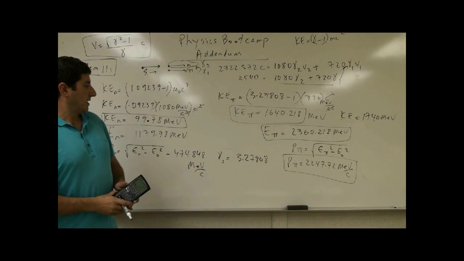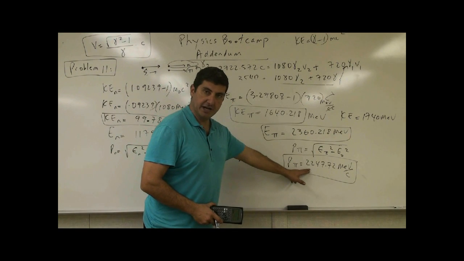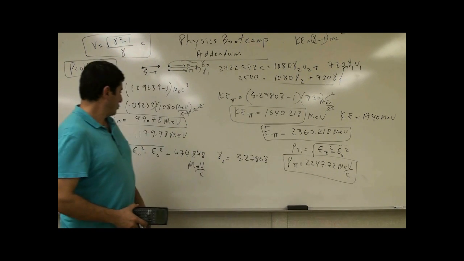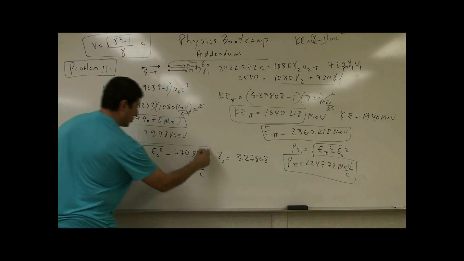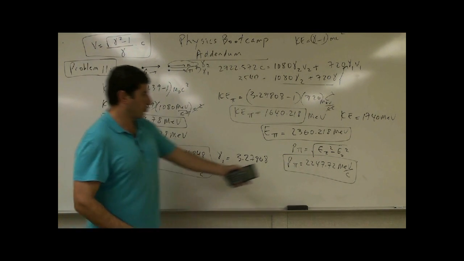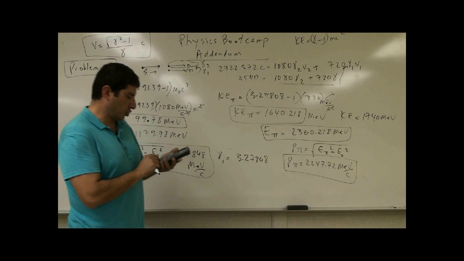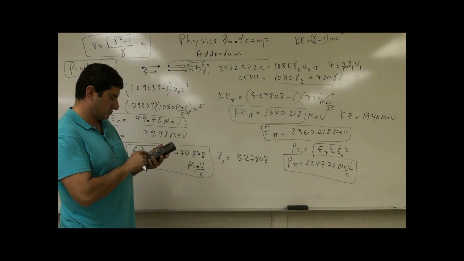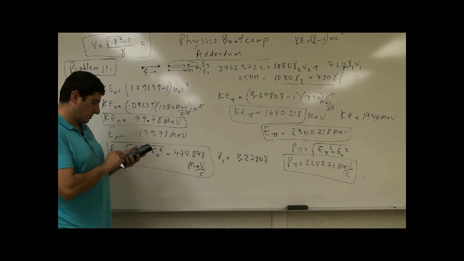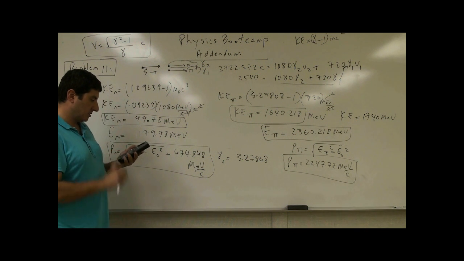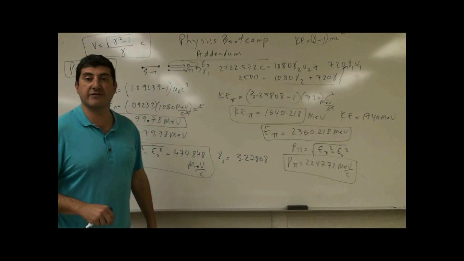Okay? If you add the momentum of the pion to the momentum of the neutron, so 2247.72 added to 474.848, you will get 2722.